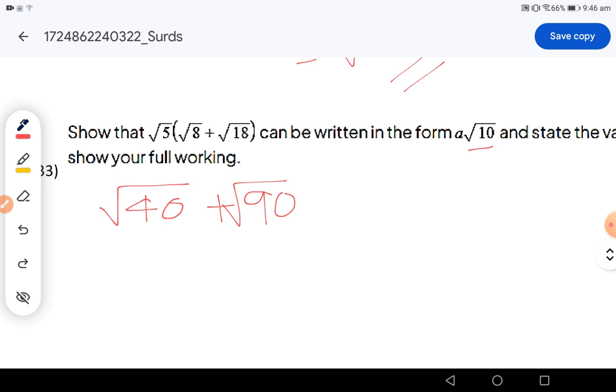So can write 4 times 10 plus 9 times 10.